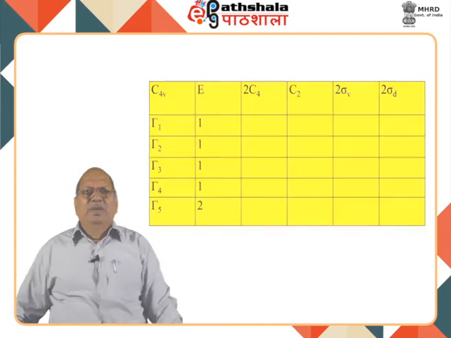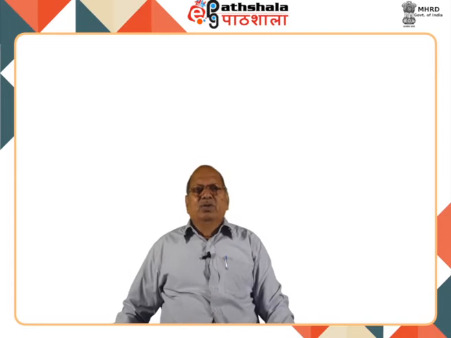We also know that in each point group character table, there is always a totally symmetric one-dimensional irreducible representation, for which each symmetry operation has the character plus 1.